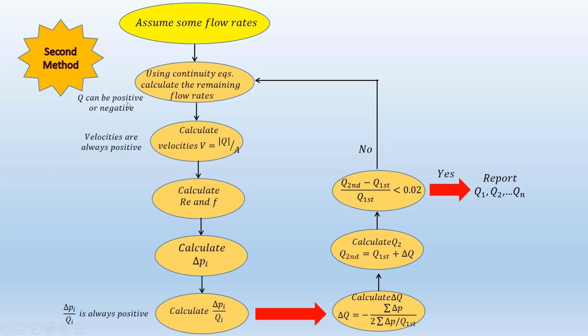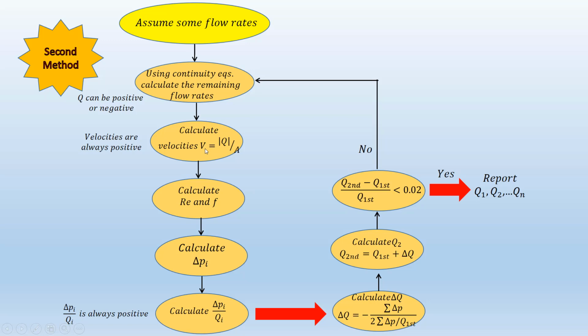Keep in mind, guys, Q can be positive or negative. If your Q is negative, don't worry, because it depends on the direction that you select. Eventually, you can fix it. But keep in mind that Q can be positive or negative, but velocity is always positive, so you need to use the absolute value of Q to calculate it.